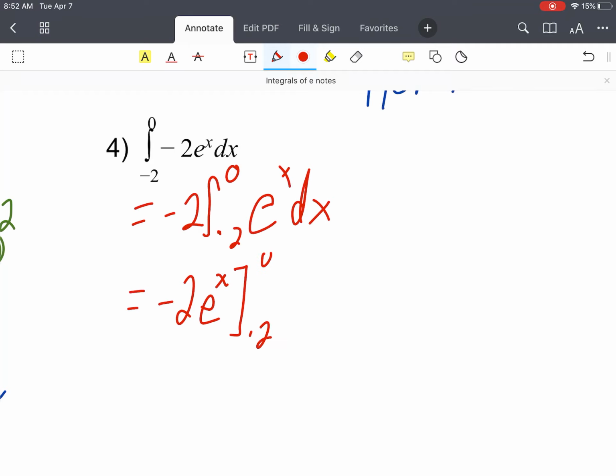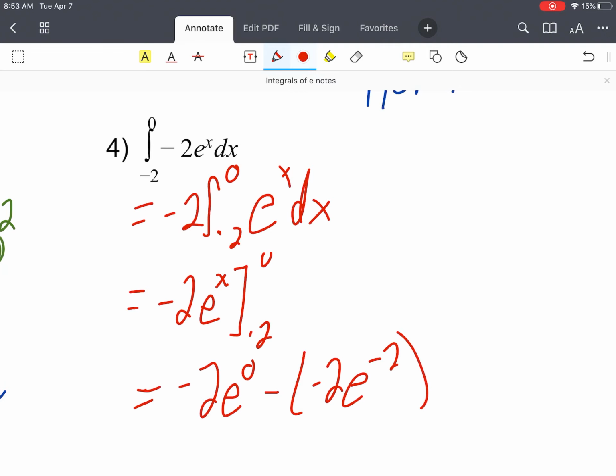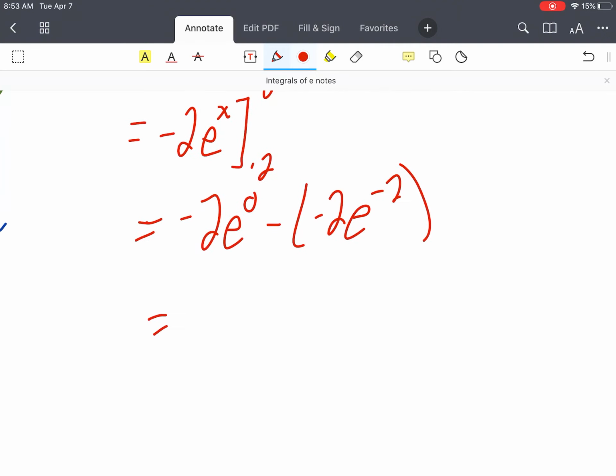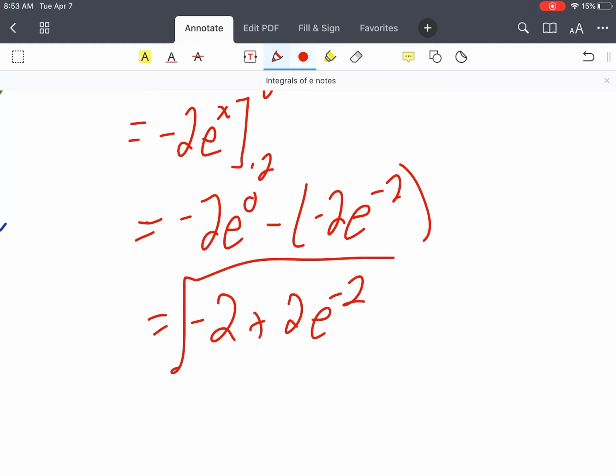The integral of e to the x is, you guessed it, e to the x. So this is negative 2 e to the 0 minus negative 2 e to the negative 2. This looks very similar to the last problem. So we have negative 2, because e to the 0 is 1, so that's negative 2 times 1, plus 2e to the negative 2.